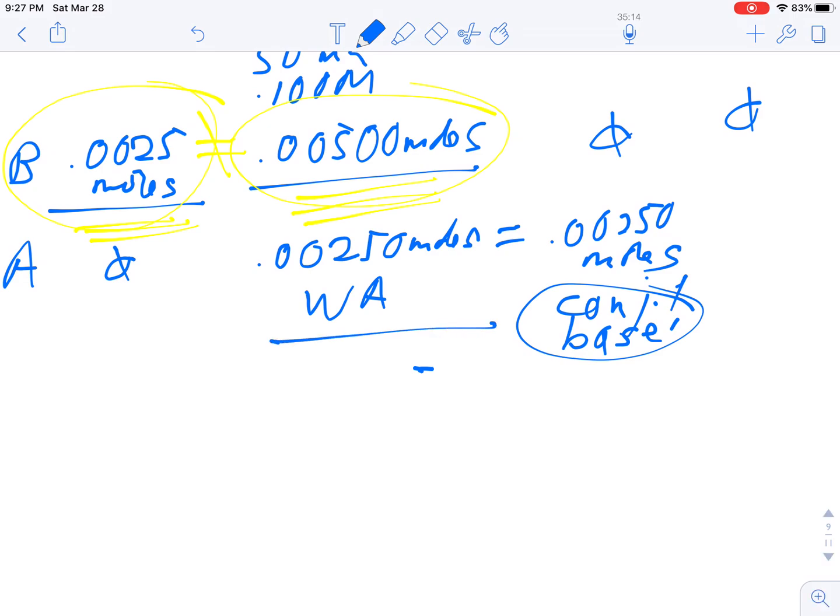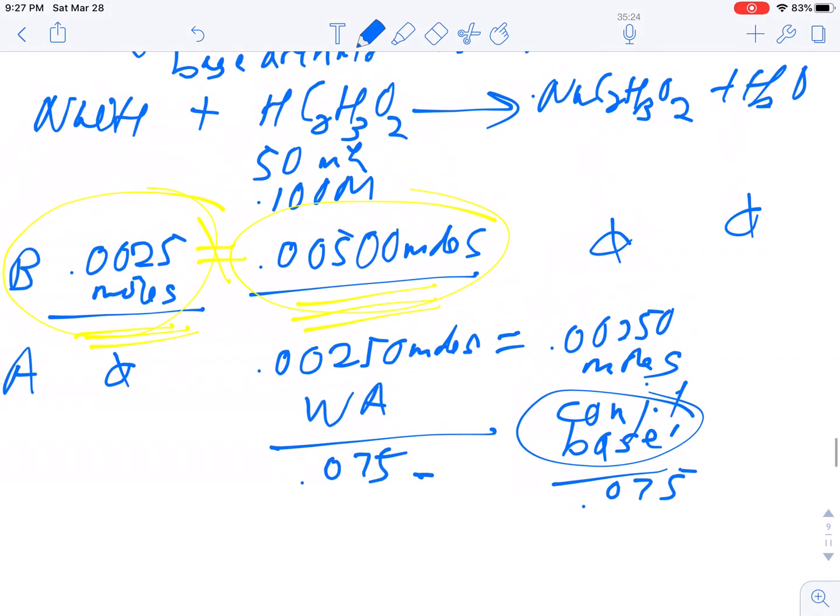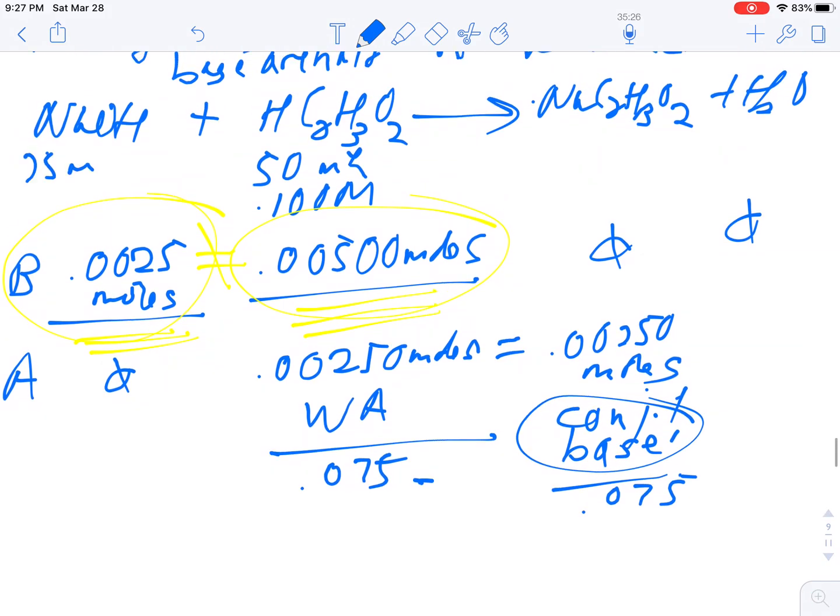Let's take that, divide it by my volume, which would be 0.075, because I'm going to add 25 mils of this. So that means the molarity is 0.333 molar.